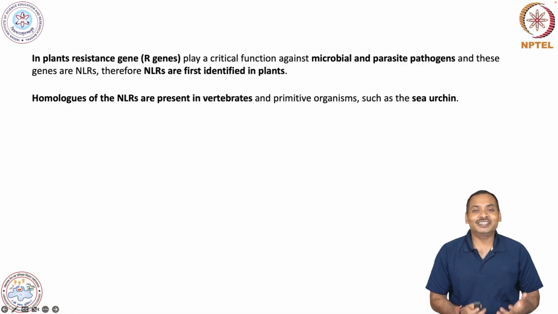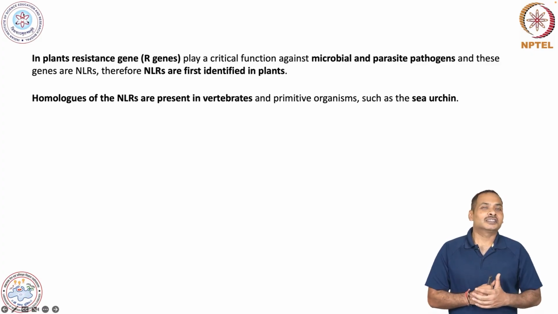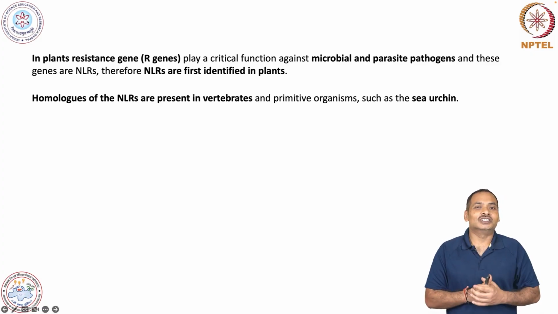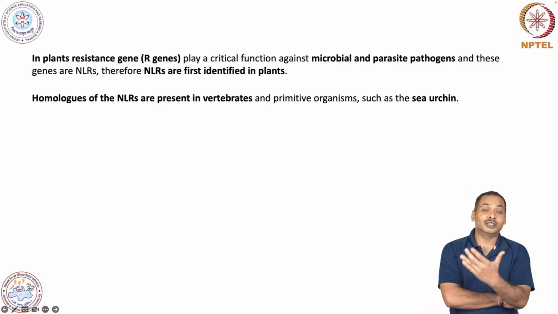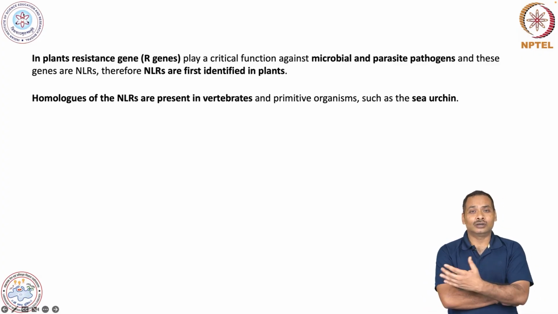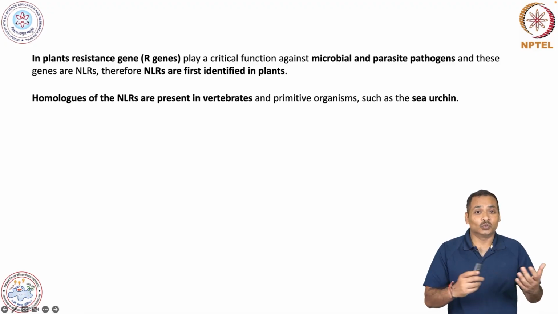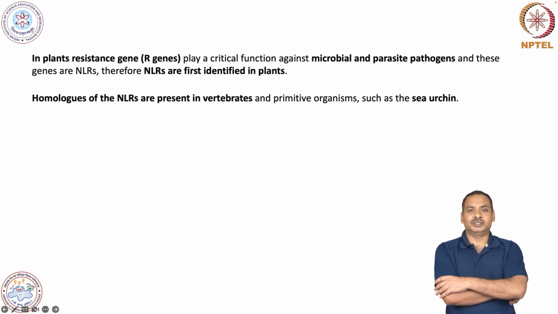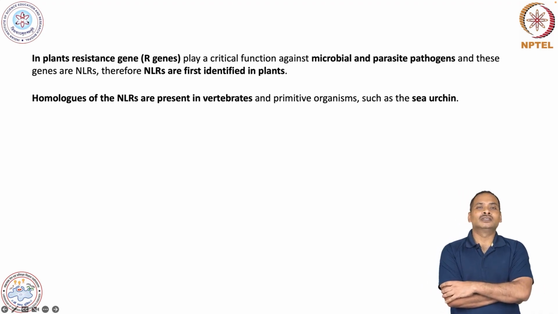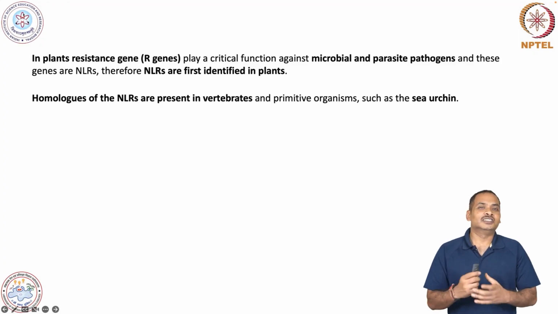So you can understand that these proteins are very crucial for defense in these primitive organisms, like zebrafish and sea urchin, and they play a very important role in various vertebrates. It is present in almost all vertebrates, so you can understand how primitive this gene is.